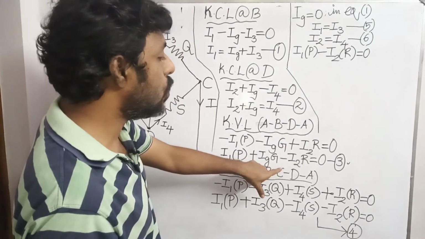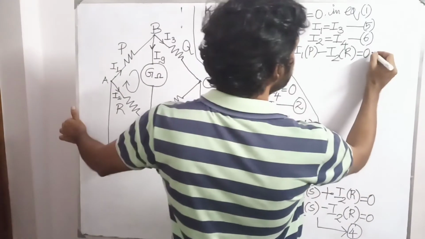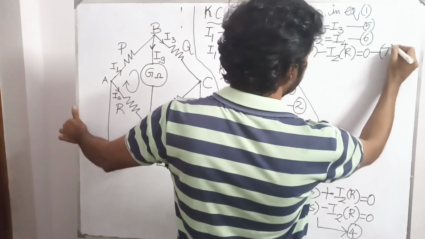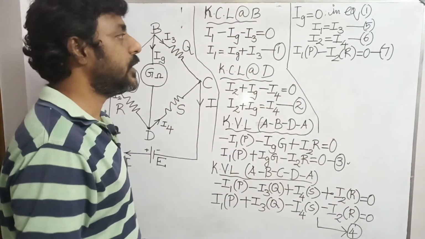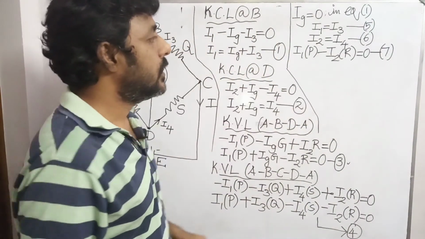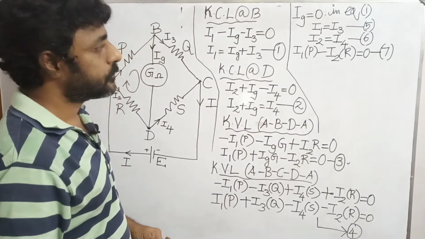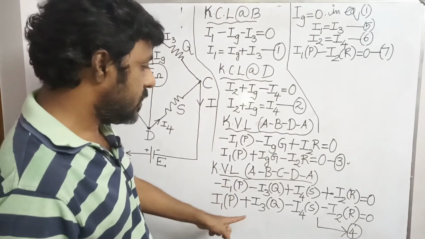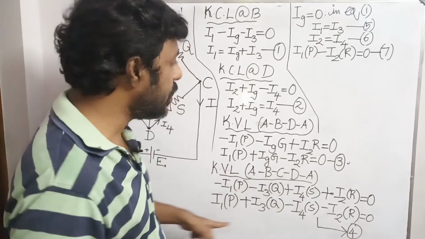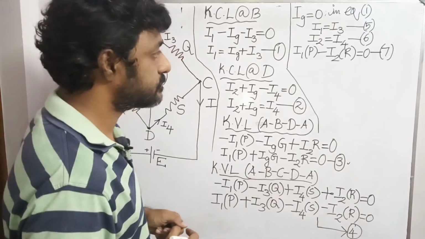I1P minus I2R equal to 0 will be equation number 7. I hope you can understand what I am trying to say. This is how it works. Again, here there is no Ig, so you need not put anything over here.